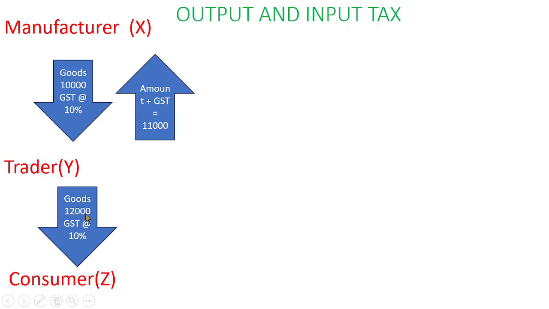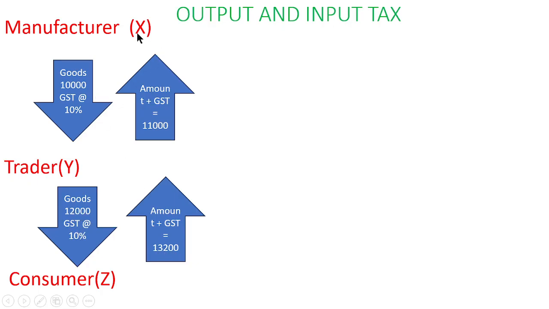So he added 2,000 profit to this goods and added GST 10% to Mr. Z. So Z paid 13,200, that is 12,000 plus 10% of 12,000 is 1,200. So 12,000 plus 1,200 is 13,200.